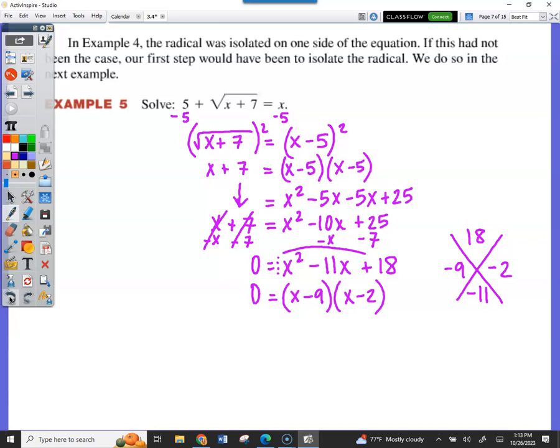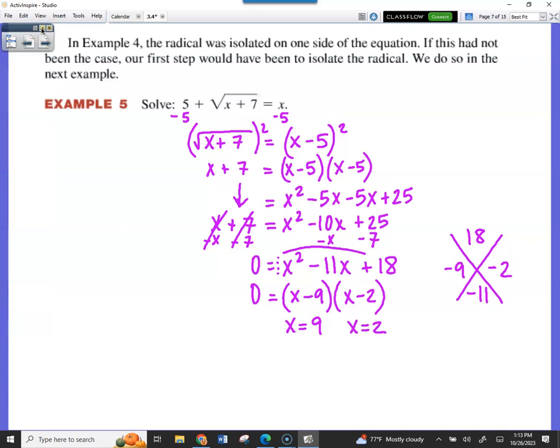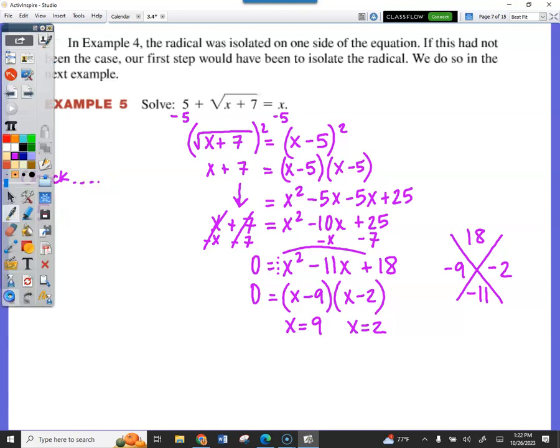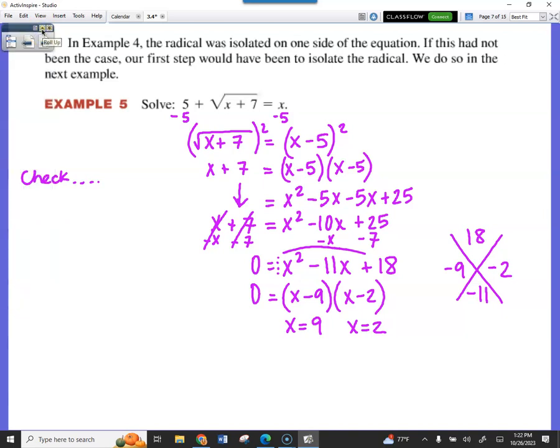What would solve this to be 0? What about this one? Now we've got to check our answers of 9 and 2. Please put your electronic distractions down. You can check it in the original, which is usually what I encourage, or you can check it in that second line where you moved everything.